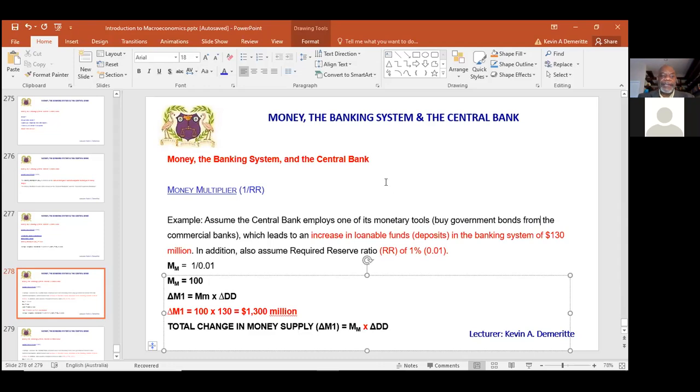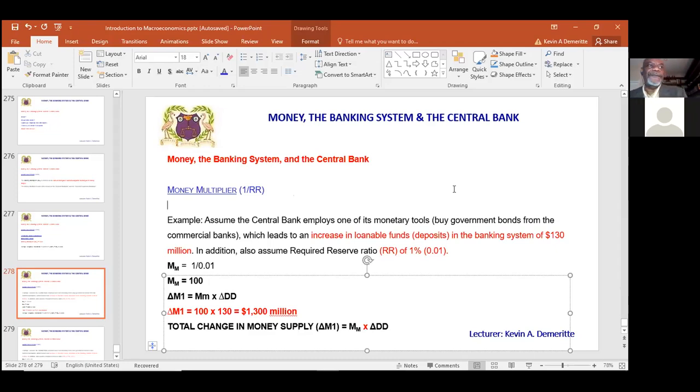Our money multiplier, here it is up top, is 1 divided by the required reserve ratio.